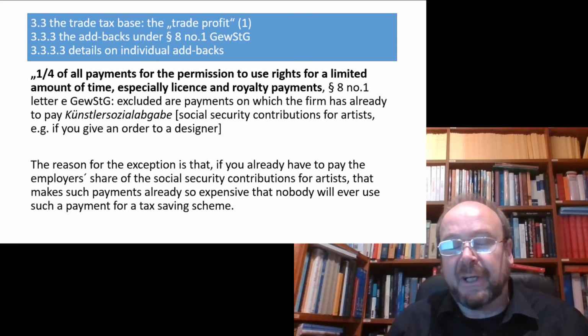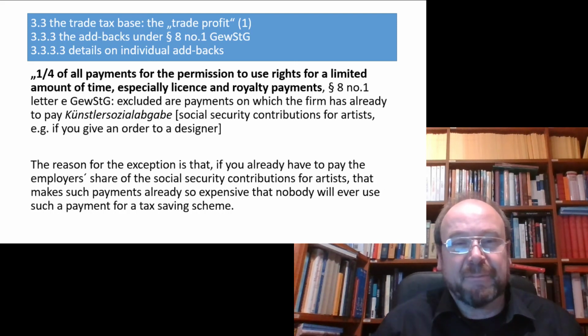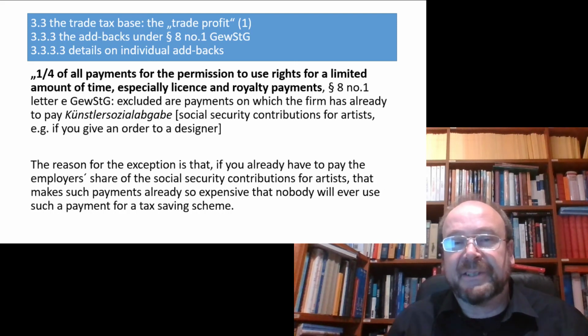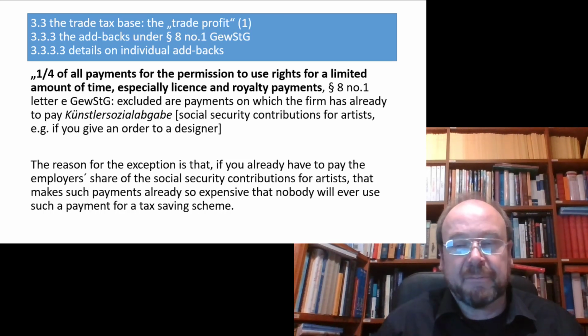And the reason why this is not included in the add-back rules is that in such a case, the license payment or the payment to the artist is already so expensive due to these additional costs that nobody would ever use it for a tax-saving attempt.